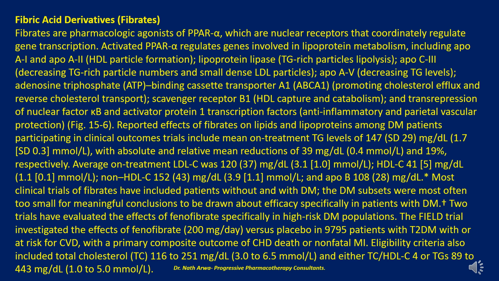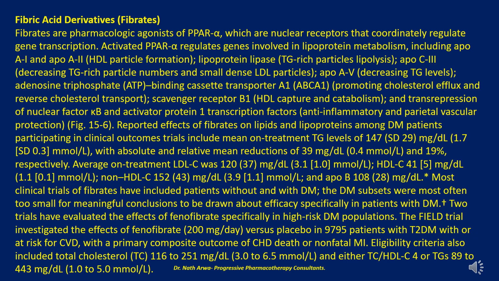The FIELD trial investigated the effects of fenofibrate, 200 mg per day, versus placebo in 9,795 patients with type 2 diabetes mellitus with or at risk for cardiovascular disease, with a primary composite outcome of coronary heart disease death or non-fatal MI.